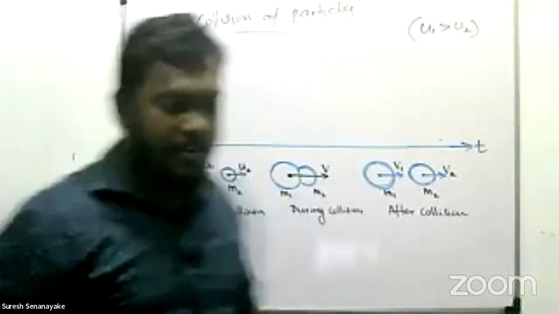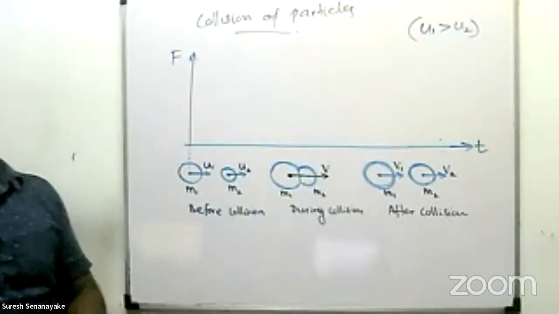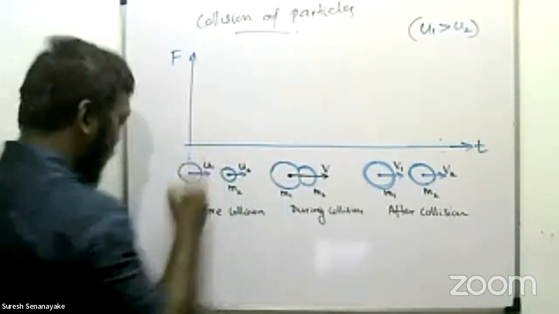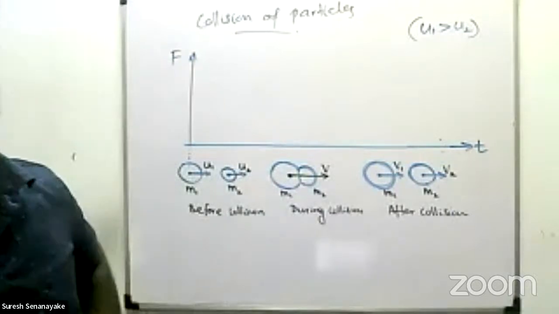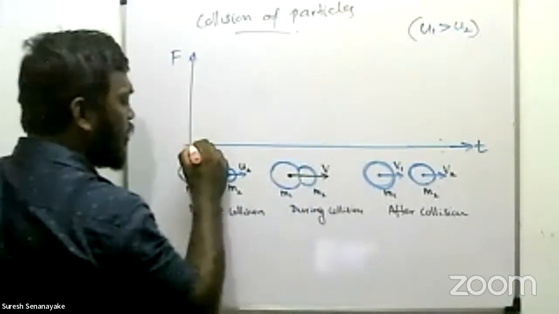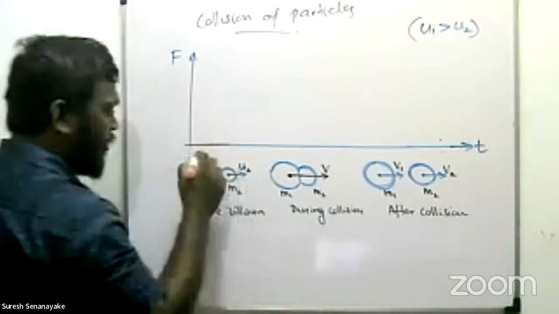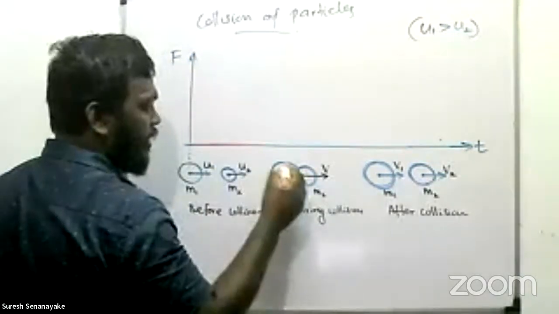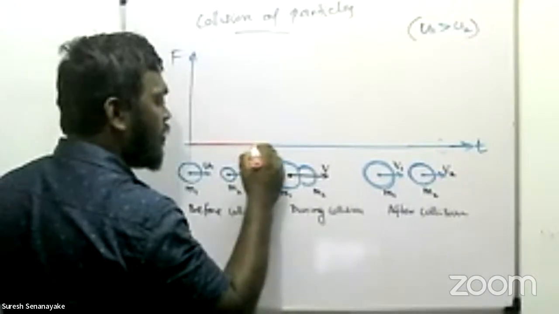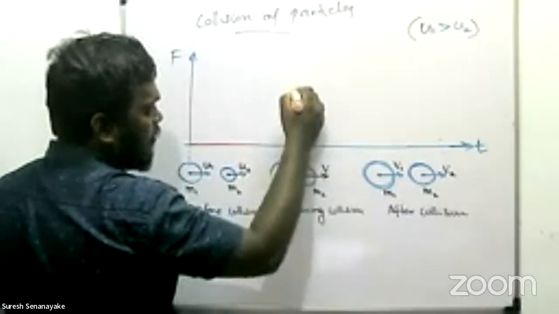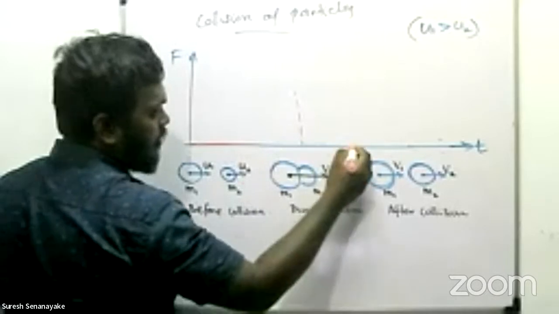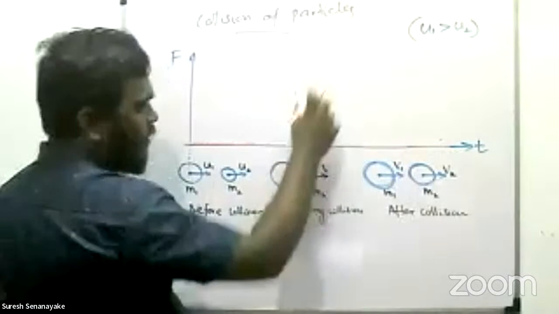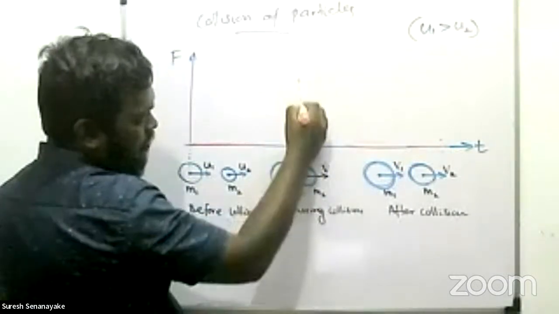So let's see. Okay, you can draw the graph, and how that graph will change after this point. I will draw it in red. No force is applied on it because we are moving at constant velocity. Then during this collision, a very large force is acting. After the collision also no force is acting, and only during the collision is there a very large force.